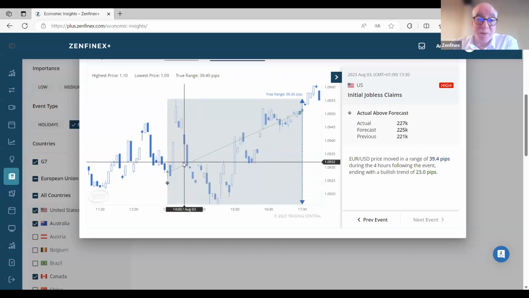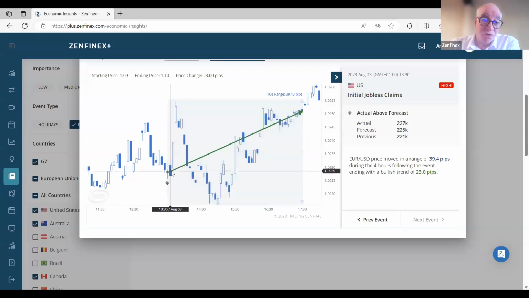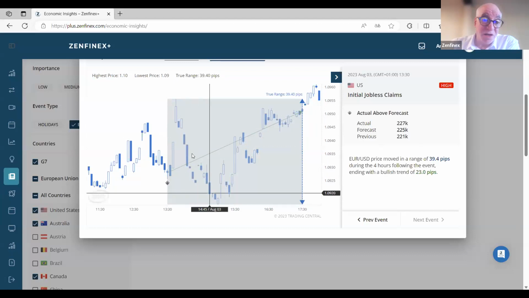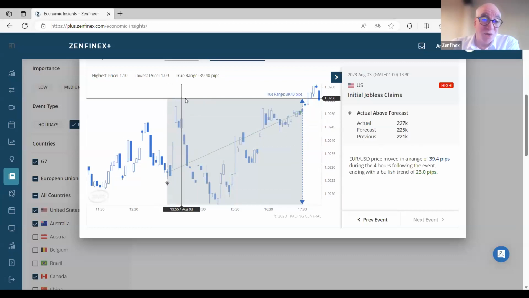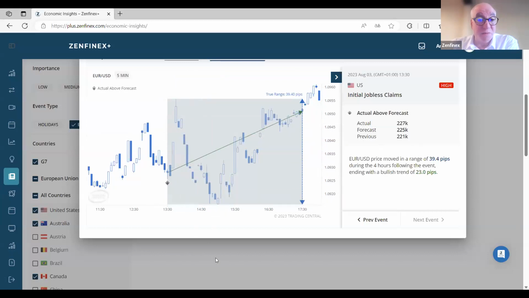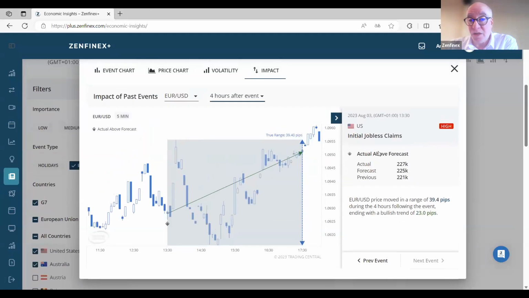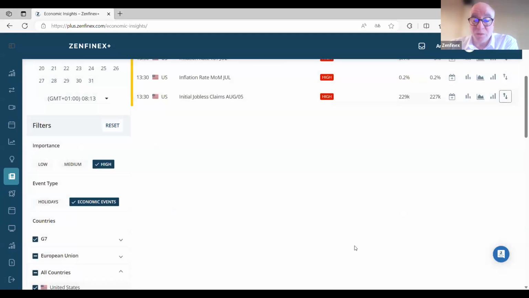So when the news does come out, you don't get yourself spiked out straight away. Of course, some people trade these initial moves and load up knowing that it's probably going to retrace, but not always. So it's a slightly different skill set trading the news or trading after the news. After the news meaning, once the price has settled down, and then trying to find a direction based upon that news. So it's a very useful tool.